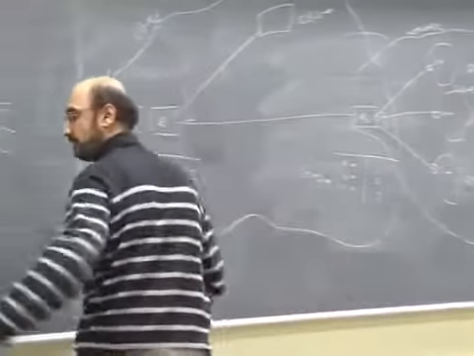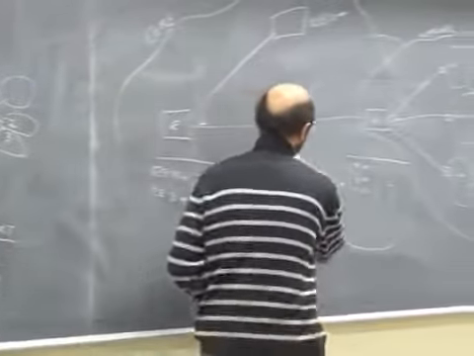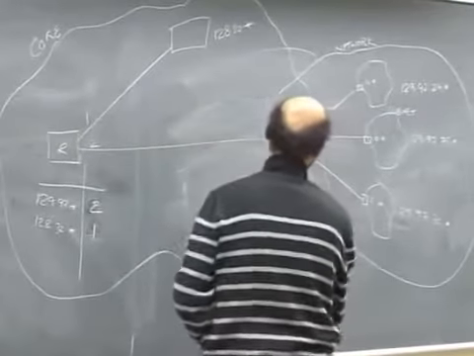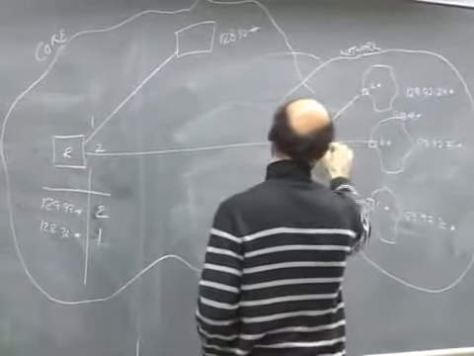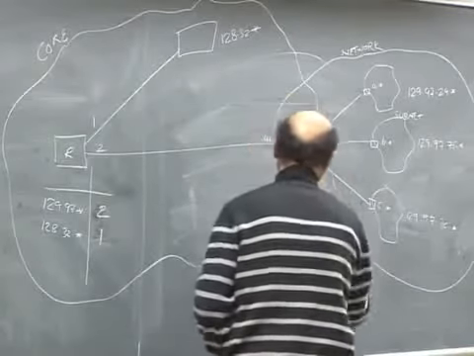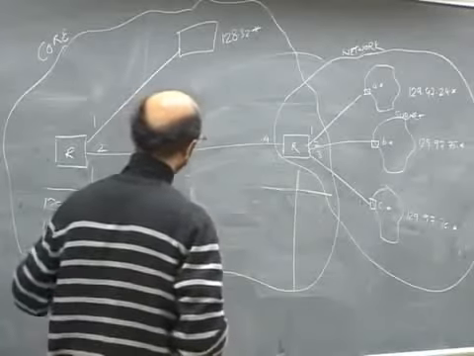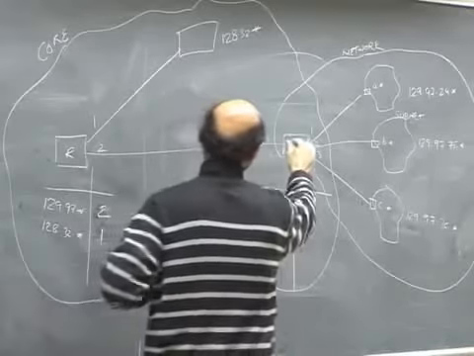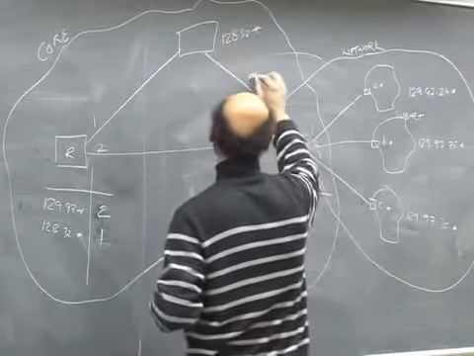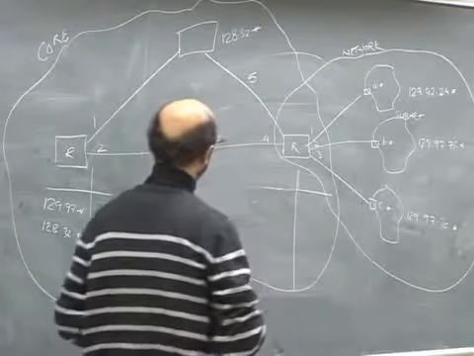I'll remove this ABC business, and let me actually use some numbers. Let's say it has 4 ports, 1, 2, 3, 4. I'm going to look at this pretty carefully now. And let's say there's a link over here, which is link 5, and it goes to 128.32.star.